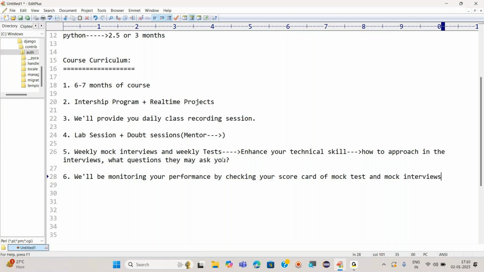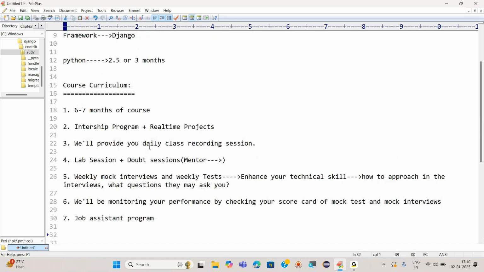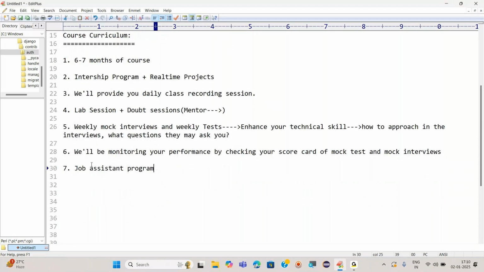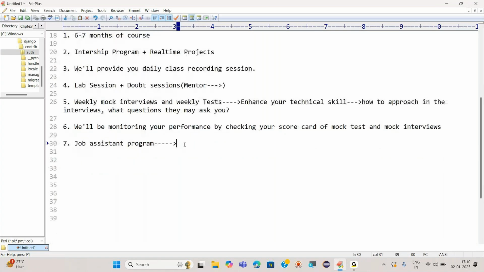And as we know, this is one of the job assistant programs, which means we are going to assist you to get the job. We'll be helping you until you get the job, even in between the course.